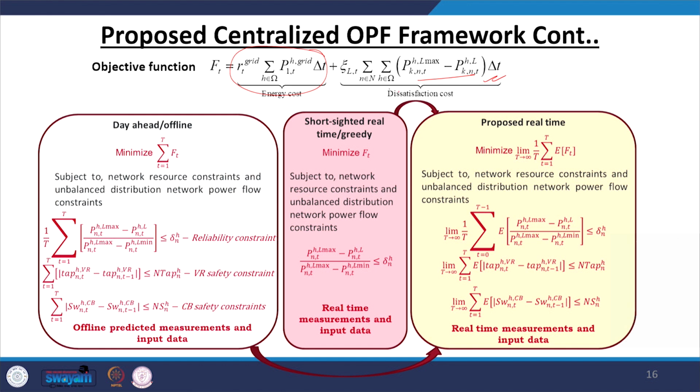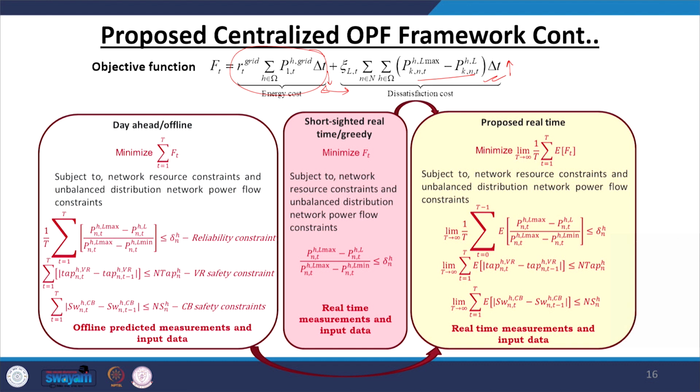So, that is why this is added as a monetary penalty to the objective function. You can see these two are self-contradictory with each other. If your energy cost is lower, then you will do more and more load shedding, but that will enhance your dissatisfaction cost. So, that is actually a multi-objective problem.